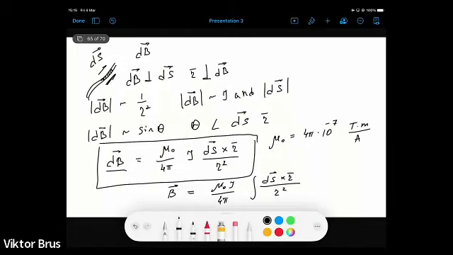So keeping this in mind, we can proceed with some examples which will help you to understand better how to apply Biot and Savart law and determine magnetic field next to conductors with current.